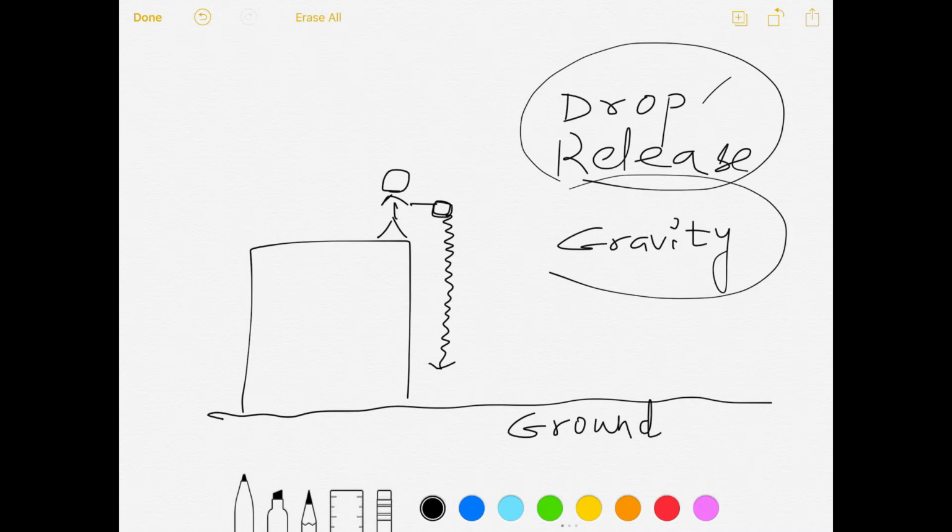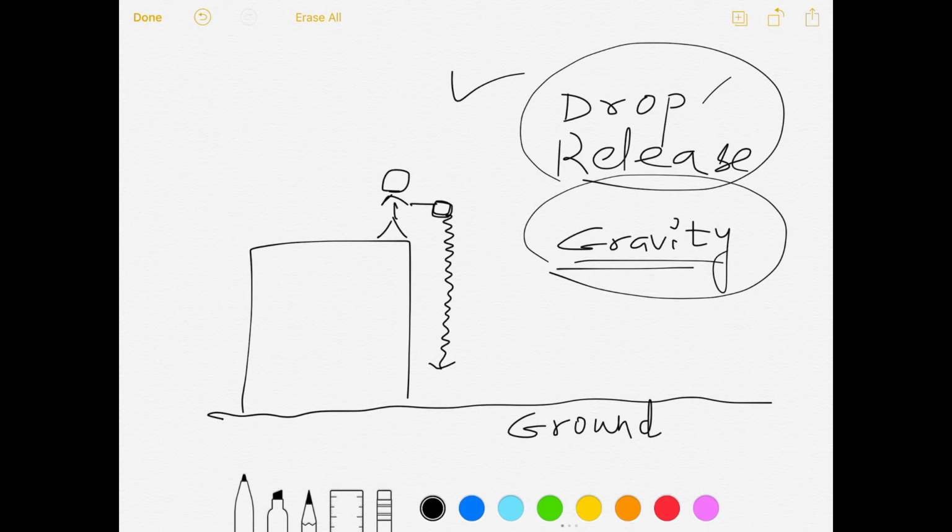So there are two or three things that we need to understand, and then everything is really very easy. Derivation or modification of those three equations is very easy. When a freely falling object comes into the picture, that means we are dropping or releasing the object without giving any force or initial velocity, and the object falls vertically downward because of gravity.